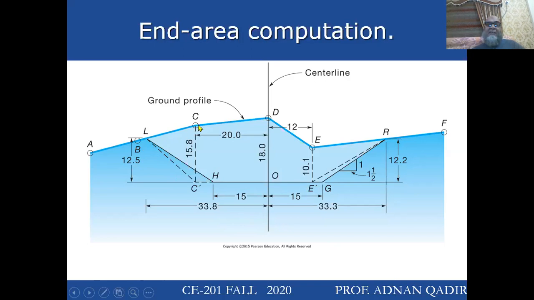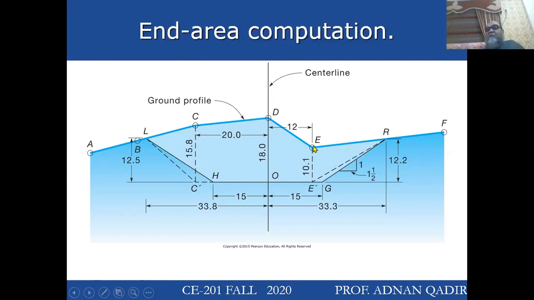The coordinate of C. This is minus 20, and the Y coordinate is 15.8. When I come to point D, X is 0 here and Y is 18. So the coordinate of D will be 0, 18.